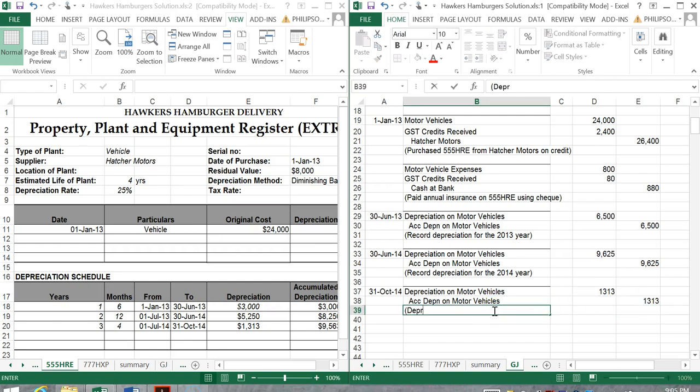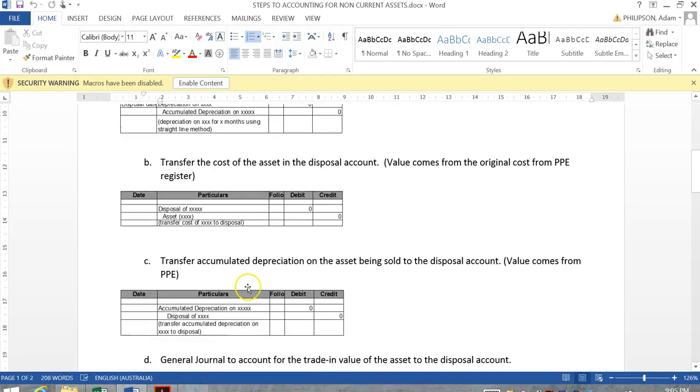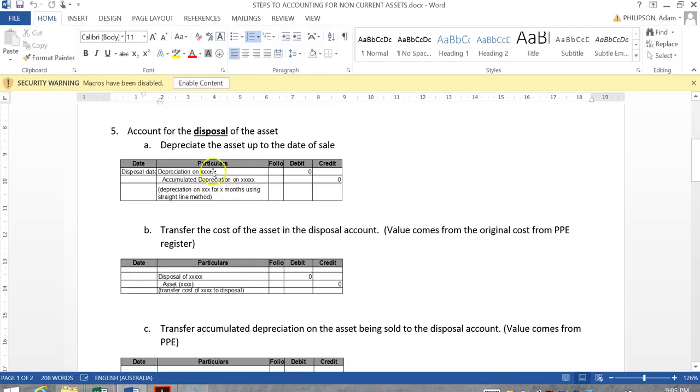And we're going to depreciate 555 HRE to date of disposal. Okay, so we've done the depreciation.